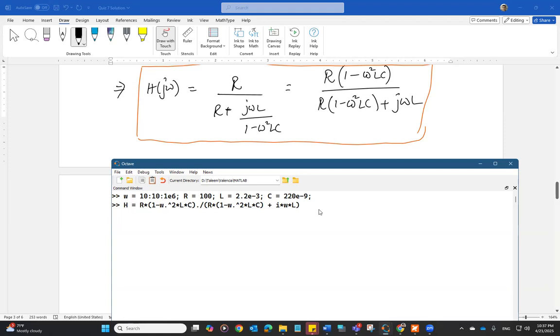Let me see if the parentheses are balanced. Looks like they're balanced, so looks good to me.